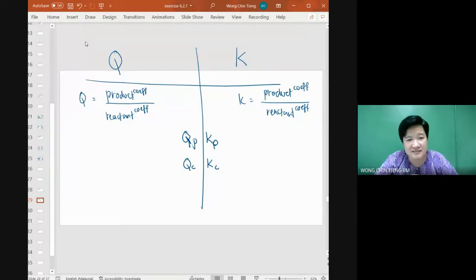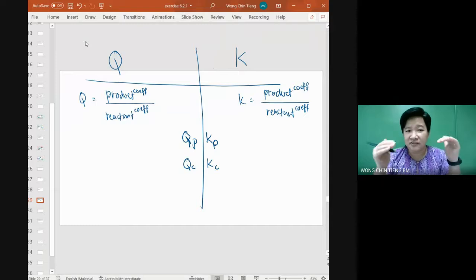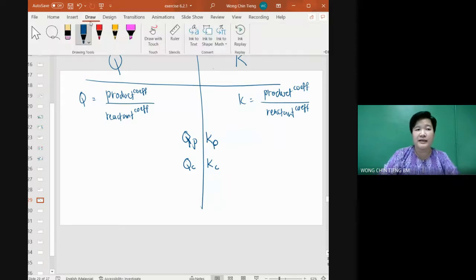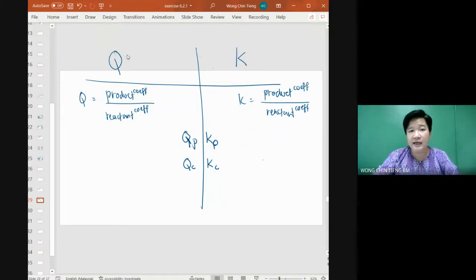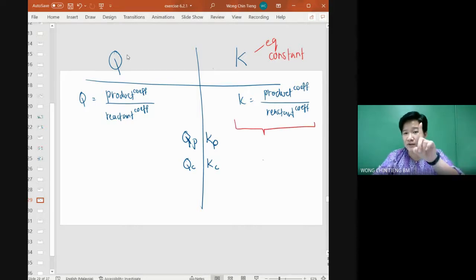Okay, the third thing, and also the last thing. Since the formula is the same, what makes them different? What makes the values that you put into Q and K different? K is your equilibrium constant, as we all know. And as we all agreed from yesterday, from last week in your tutorial and lab class, all this discussion is about one thing: equilibrium.